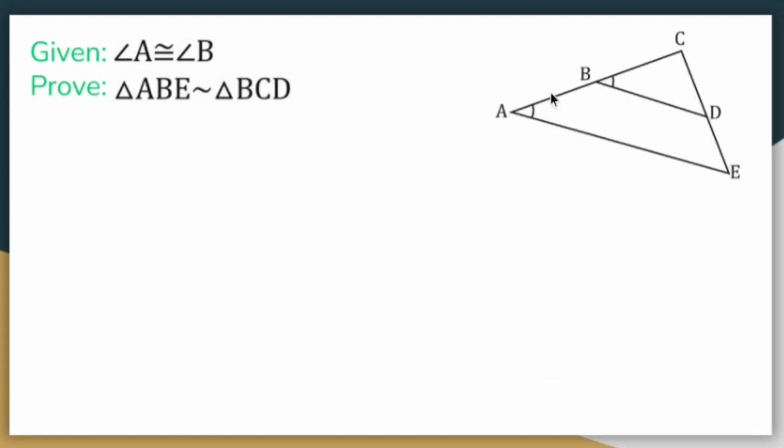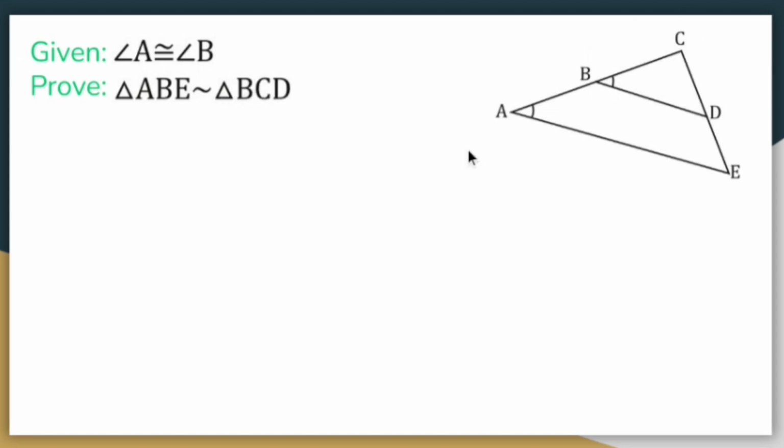Given angle A is congruent to angle B, all right, they correspond maybe. I need to prove that ABE, this whole triangle, is similar to BCD.